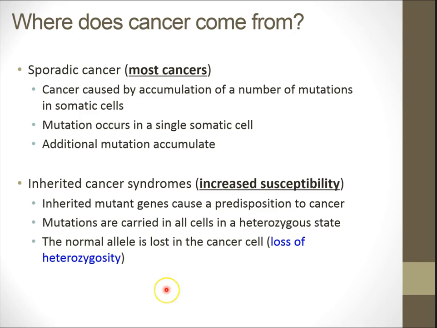Okay? In inherited syndromes, this predisposition doesn't always have to result in tumorigenesis. While the first mutations are carried in all cells but in a heterozygous state, usually in the two-hit hypothesis model, there needs to be a loss of heterozygosity where you actually lose the function of the normal allele that you've also inherited.